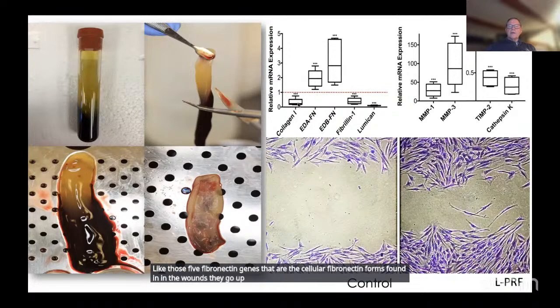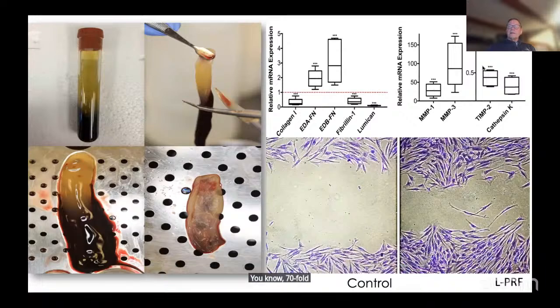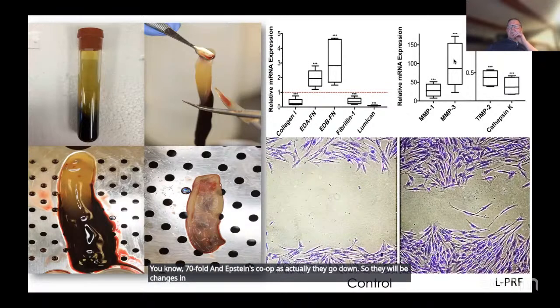Collagen 1, surprisingly, goes down, and some other matrix proteins go down. MMPs, many of them go up, like 70-fold, and cathepsins go down. So many of the genes that we studied change when the fibroblast cultures see these membranes.